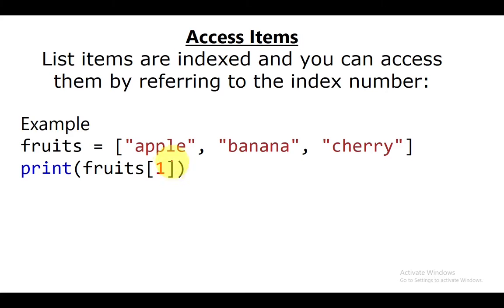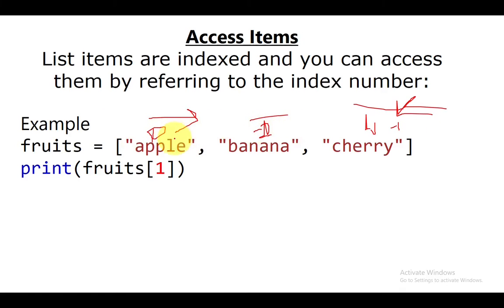You need to know the index number, and as I've said before, if you're counting from the front, it starts from 0, 1, 2. If you're counting from the back forward, it starts from minus 1, then minus 2, then minus 3.